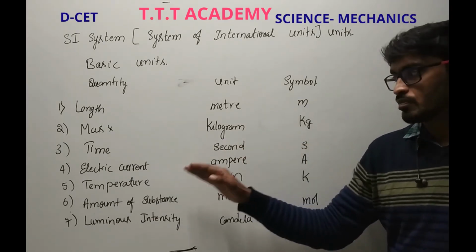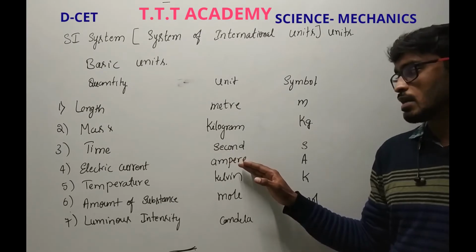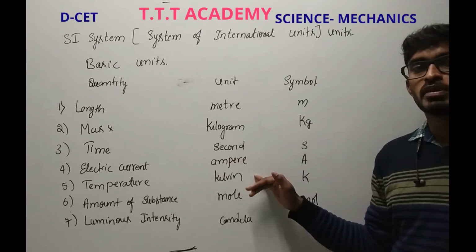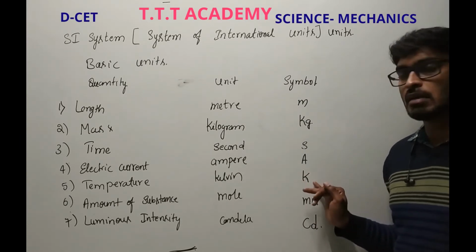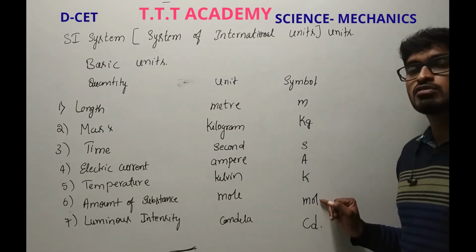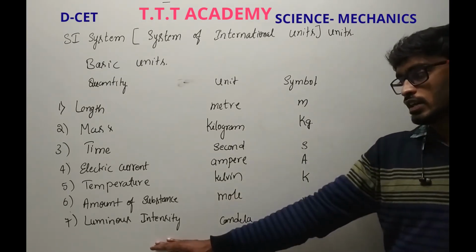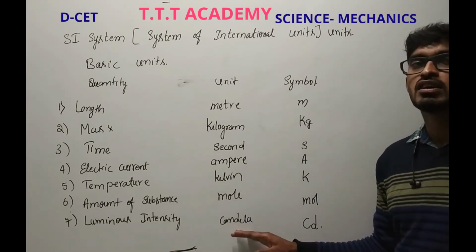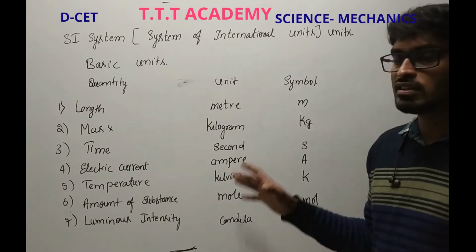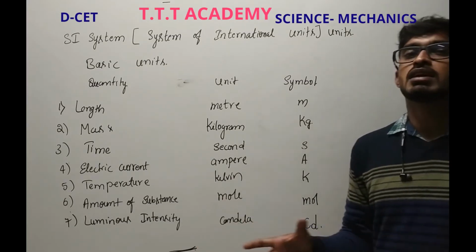Next is electric current, measured in ampere, indicated by capital A. Temperature is measured in Kelvin, indicated by capital K. Amount of substance is measured in mole, and the symbol is mol. Luminous intensity is measured in candela, and the symbol is cd. These are the 7 basic fundamental quantities.